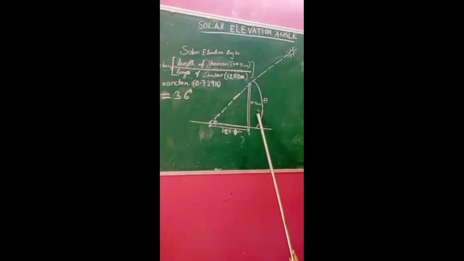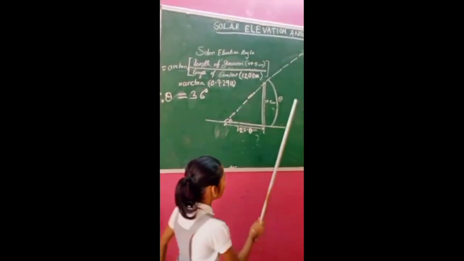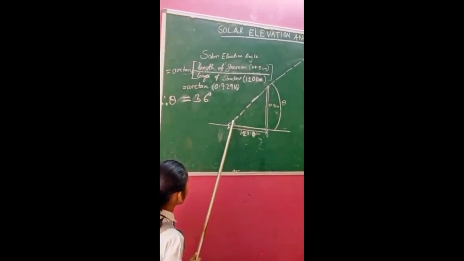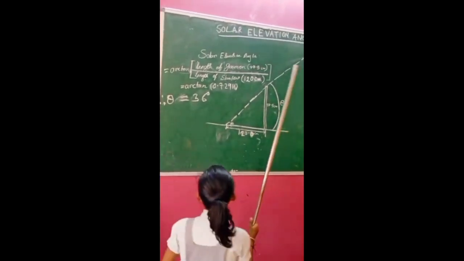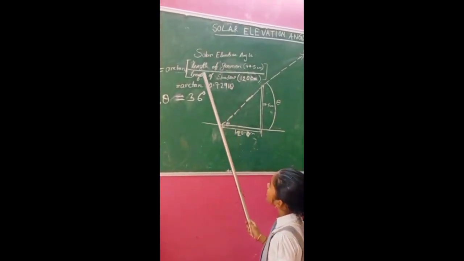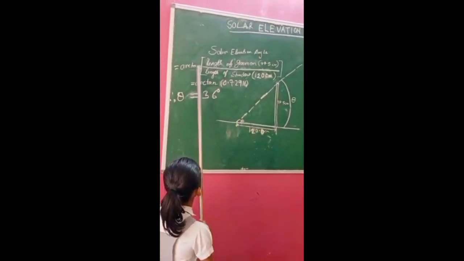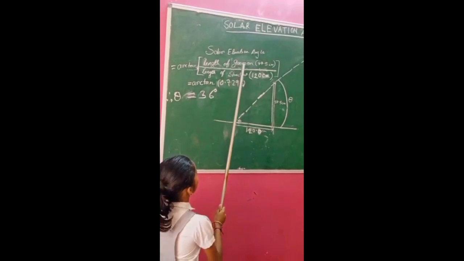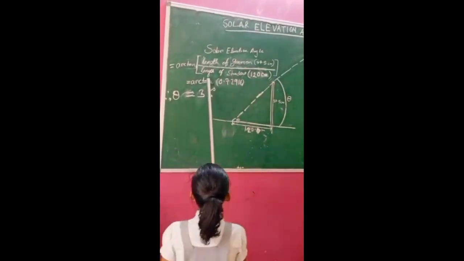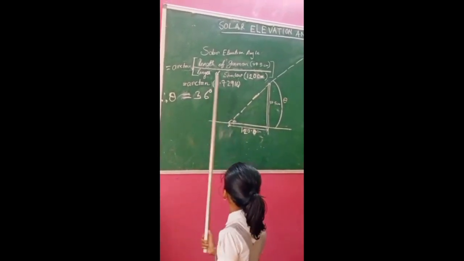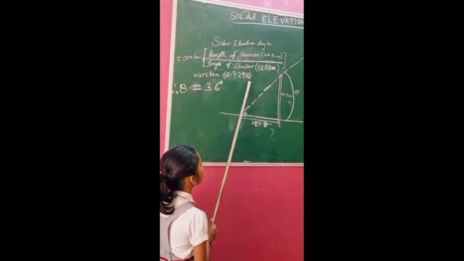So it forms an angle. Let's call it theta. And I have written here also, same like this. The solar elevation angle equals arctan of length of the stick divided by length of shadow, equals arctan 0.72916.